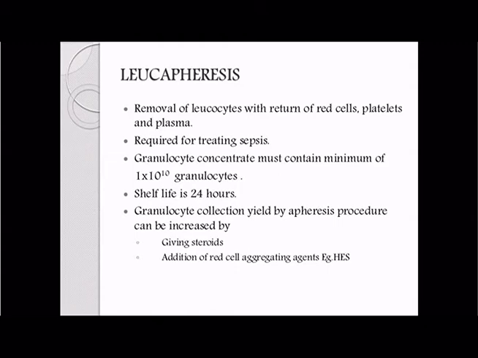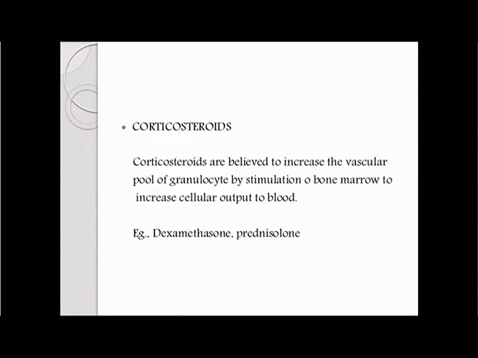The granulocyte yield by apheresis procedure can be increased by giving steroids to the donors or giving additional red cell aggregating agents, that is HES, hydroxyethyl starch. Or you can even give corticosteroids.